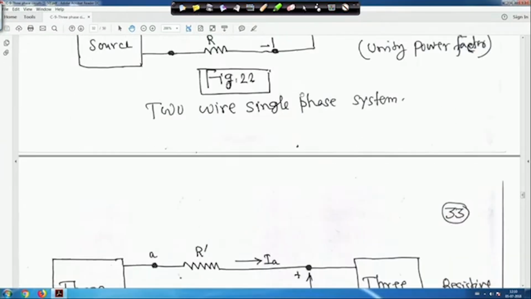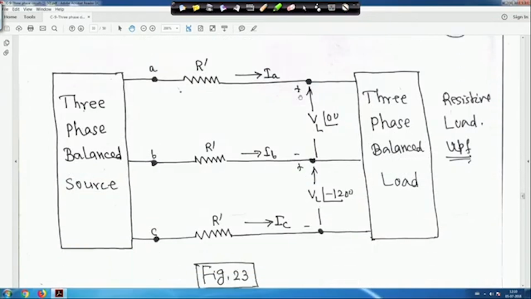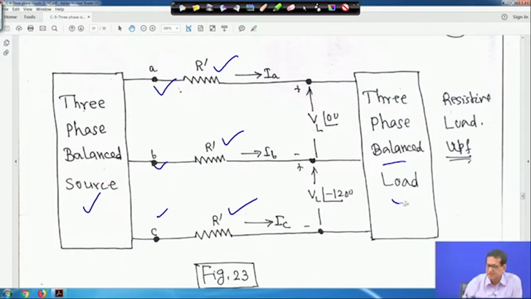Now for the 3-phase system we assume the same thing. The resistance is R dash in each of the 3 lines, phases A, B, C. This side is a 3-phase balanced source, and this is a 3-phase balanced load. Whether it is star or delta does not matter, we assume a purely resistive load, so the power factor of the load is unity.